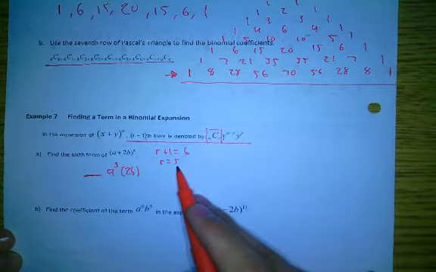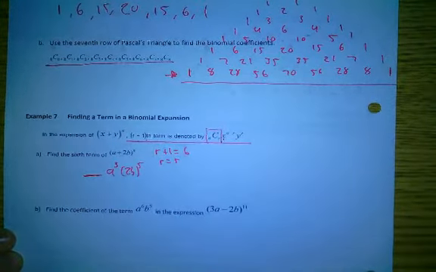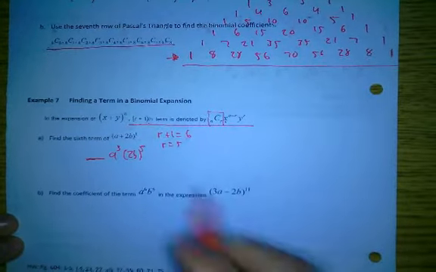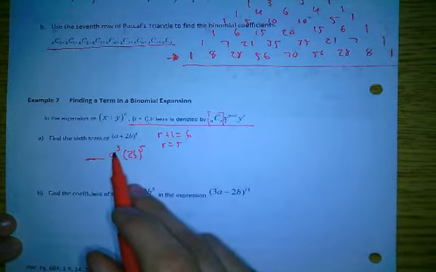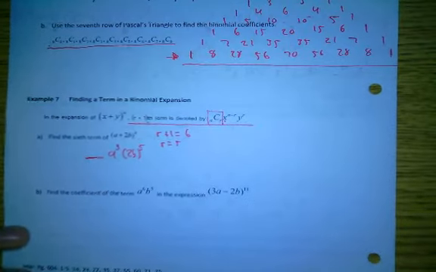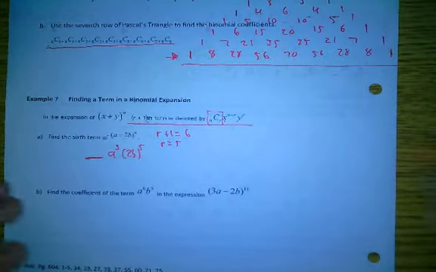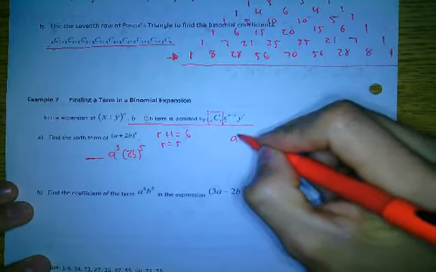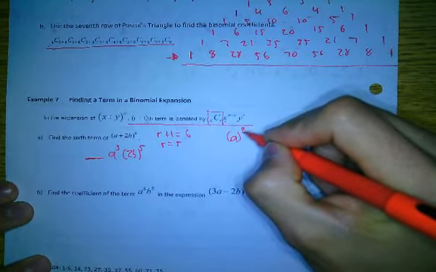You could say, well, the first one's going to be a to the 8th, 2b to the 0, right? And the second one's going to be a to the 7th, 2b to the 1st. And you can actually list them out if you want to. It's up to you, honestly, so you can figure out what it is. But that's what we're looking for, okay?